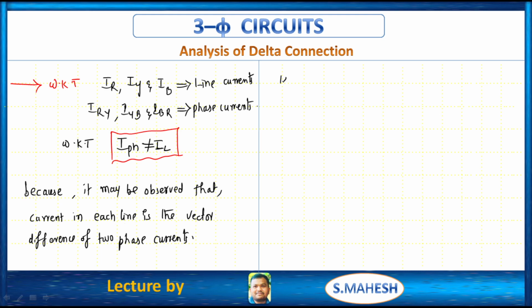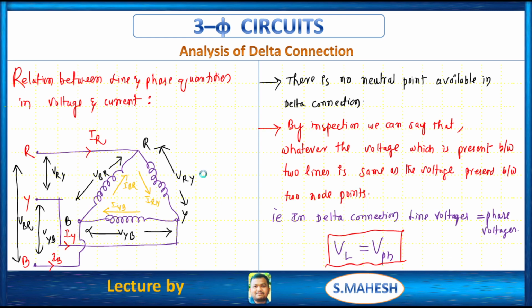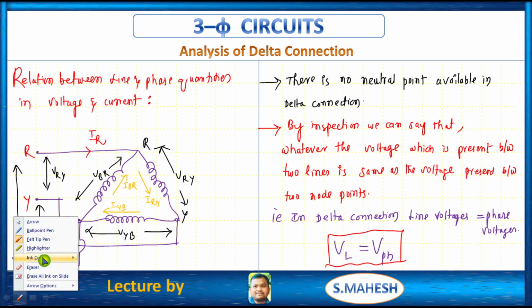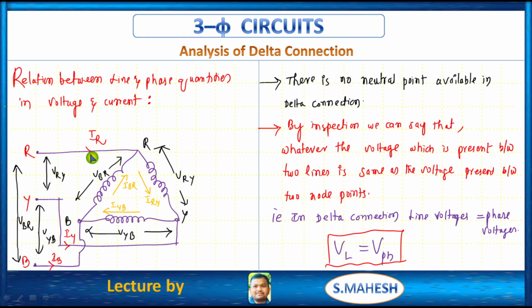See, from this, line current is nothing but what? At this point IR is entering current, IBR is also entering, IRY is leaving. Means IR plus IBR is equal to IRY. Means to get line current we have to subtract this IBR current from this IRY, right?